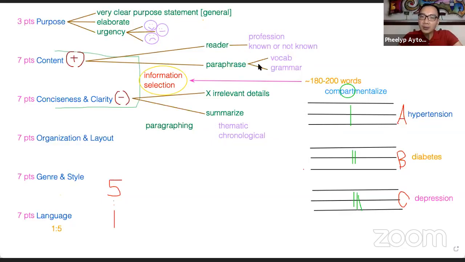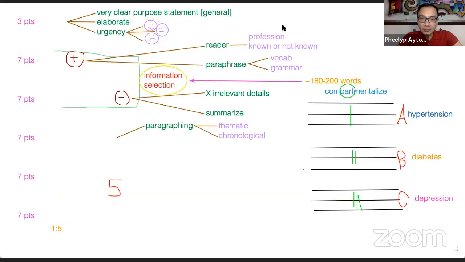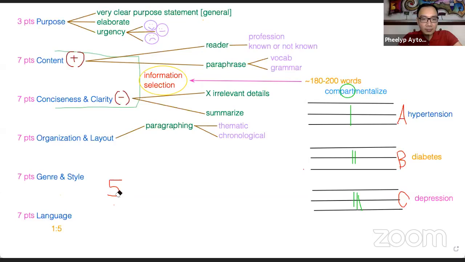Type thematic and chronological. Yeah, 2 ways.